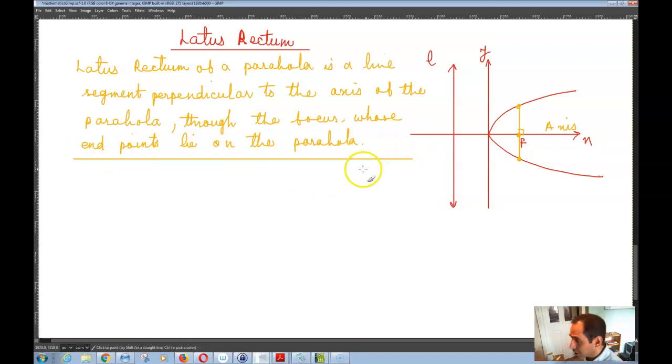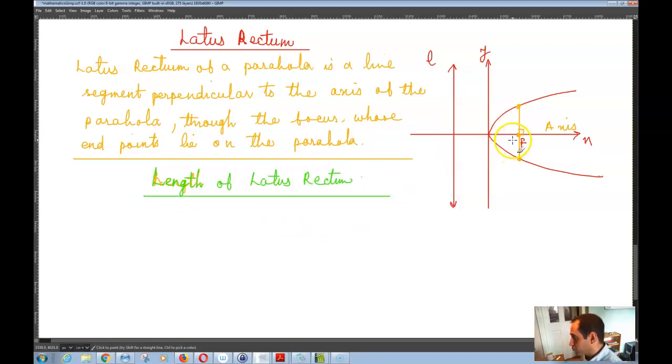Now this Latus Rectum has some length. So in order to find the length of the Latus Rectum, there is a good way to do it.